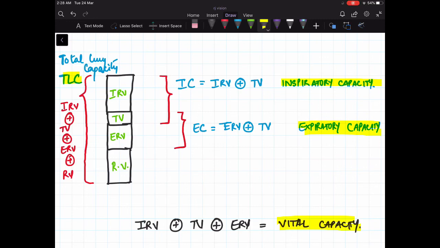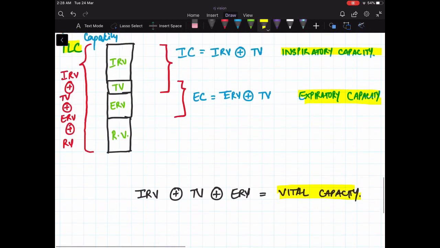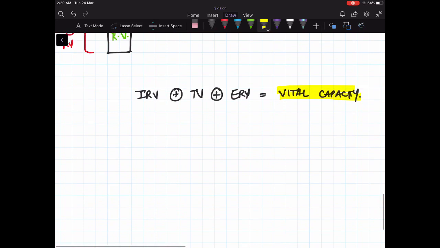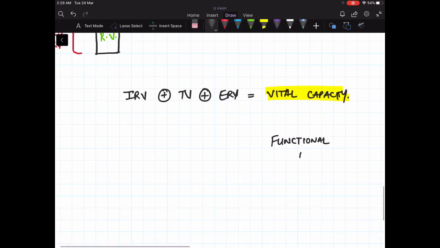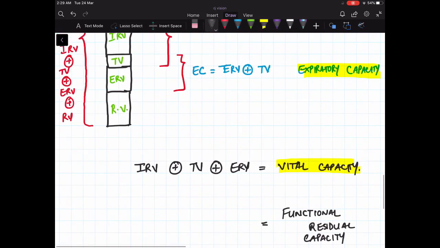The last capacity, the fifth capacity, is, I'll first write the word and then you can understand what it means. Okay? It is functional residual capacity. Functional residual capacity. What does functional residual capacity mean?